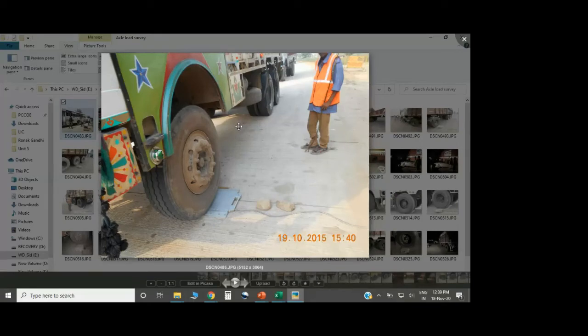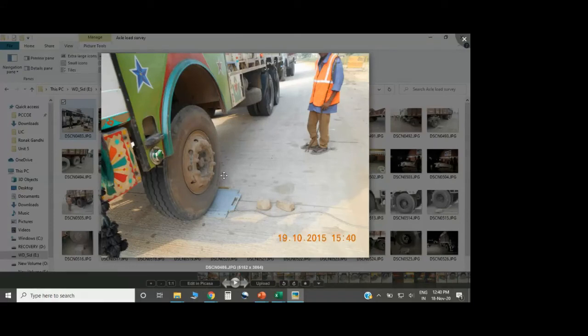And generally axle load survey is done only for commercial vehicles whose gross vehicle weight is more than that 30 kilonewton value. So for those vehicles only, we do this axle load survey. And what we do is we stop this vehicle randomly, and we tell the driver to move the wheel on this weighing pad one by one. Okay, so this is the front axle or steering axle.